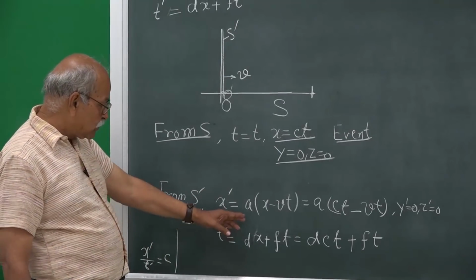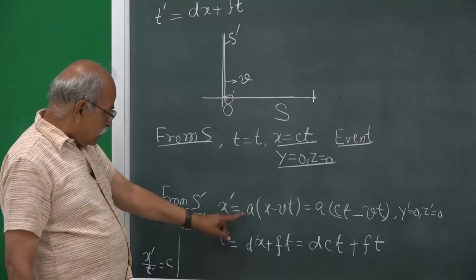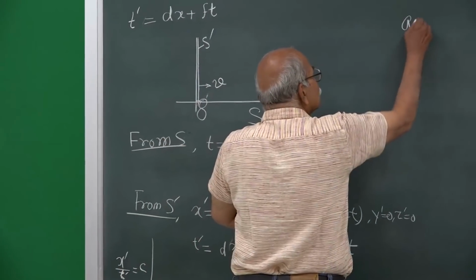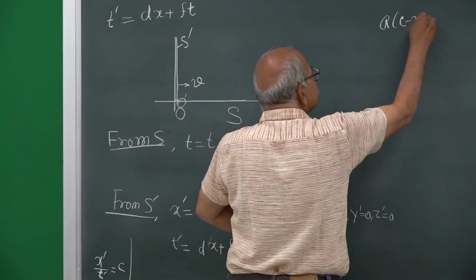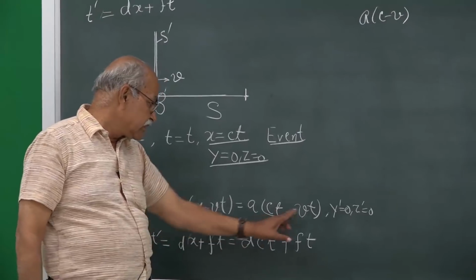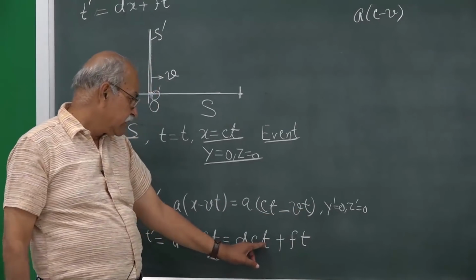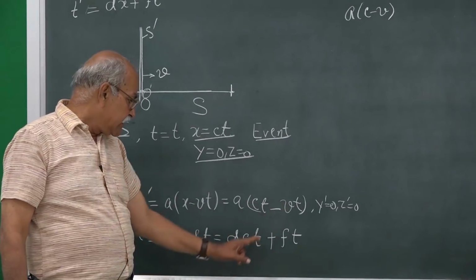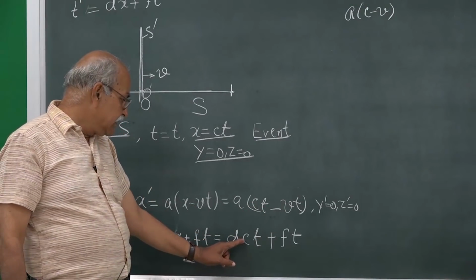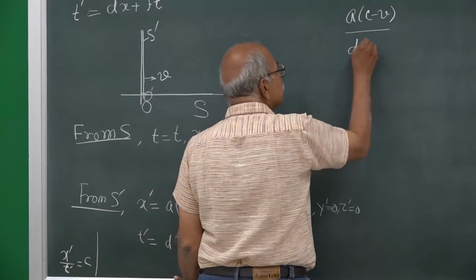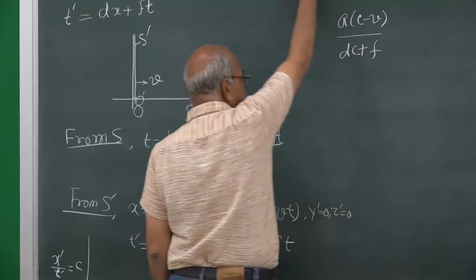Divide here. What do you get? a into c minus v. When you divide, this t is going to cancel out. So, in numerator you have a into c minus v, and in denominator you have d c plus f.